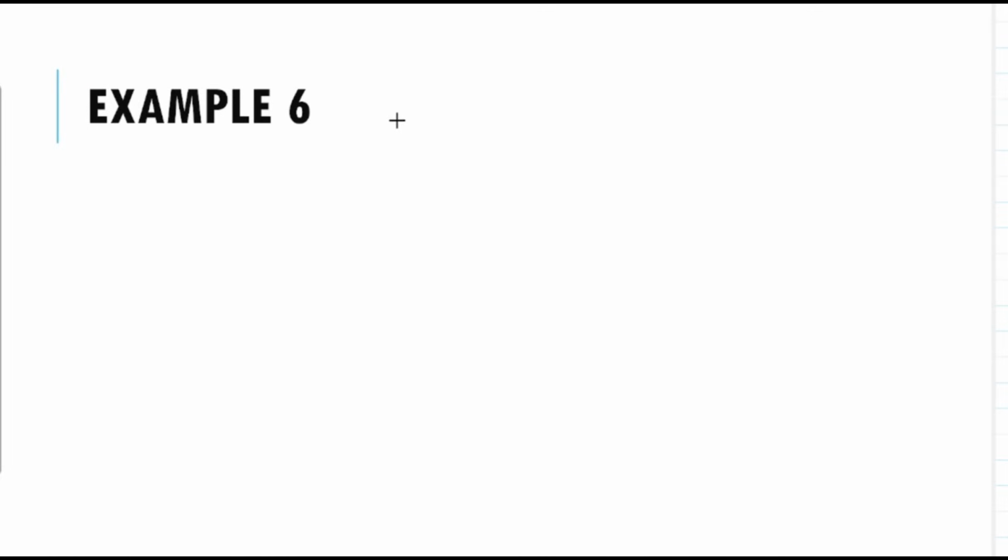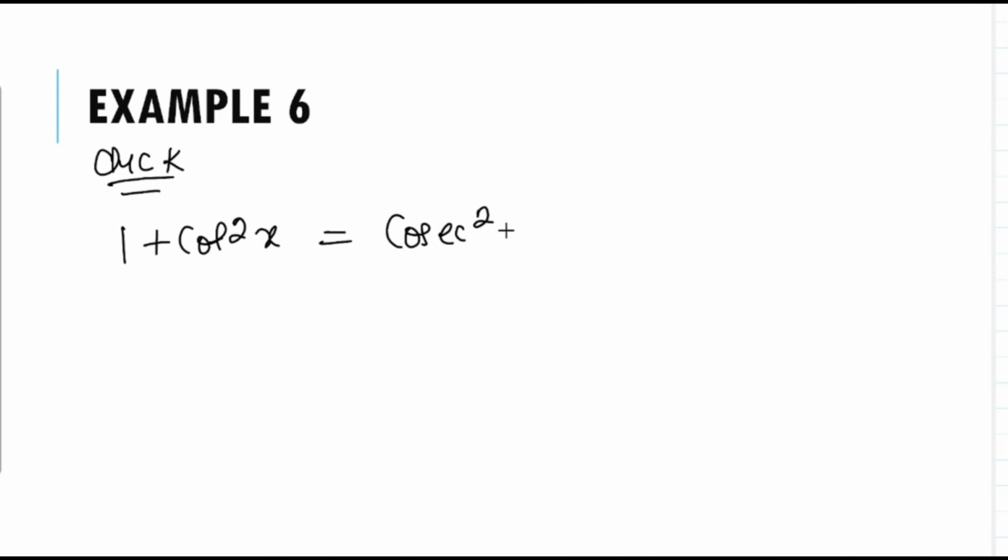Example 6. Let's check if 1 plus cot square x equals cosec square x.